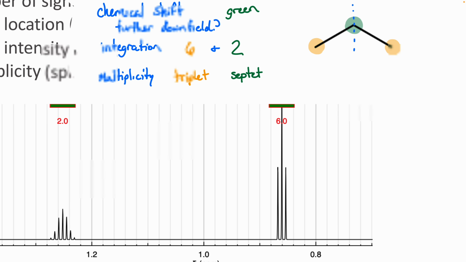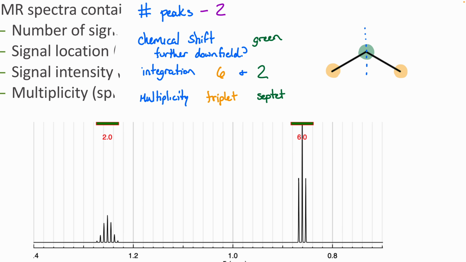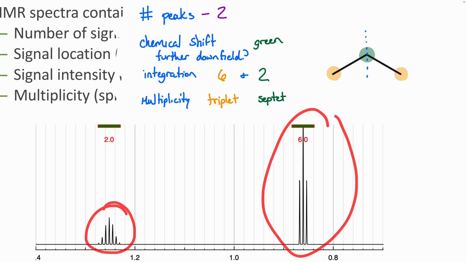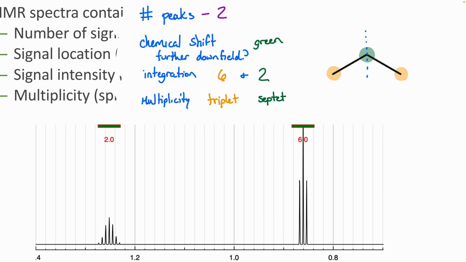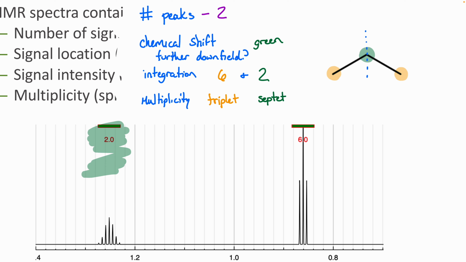All right, so this is our H1 NMR spectrum for this molecule. We have 2 distinct peaks. Our green peak here is the one that's further upfield. I can tell because it's got that integration value of 2. To be clear, that's the number sitting at the top here. That's what the computer did.